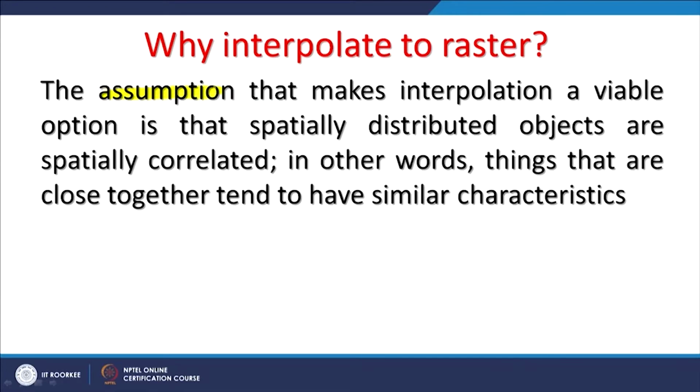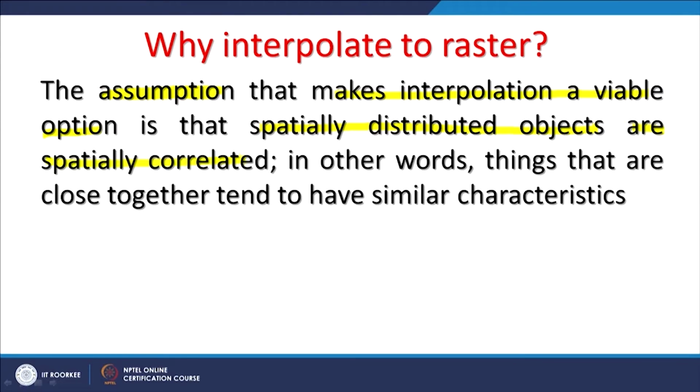Now, why interpolation? It is the belief or assumption that makes interpolation a viable option: that spatially distributed objects, in our case the points in most of our discussion, are spatially correlated.